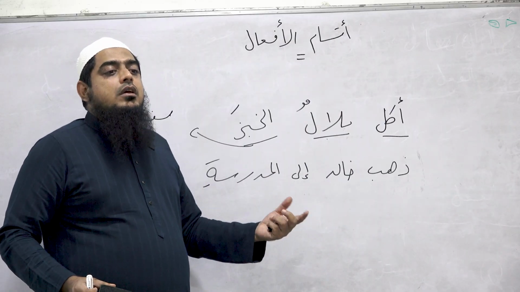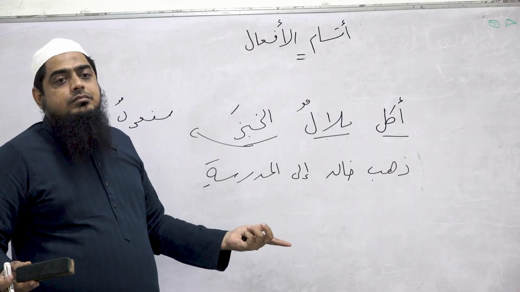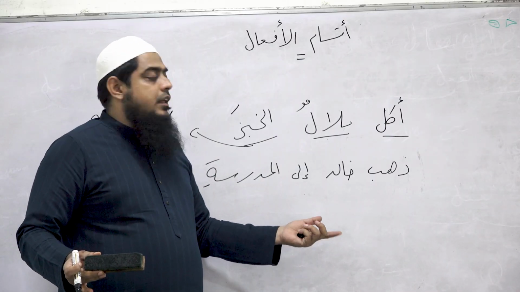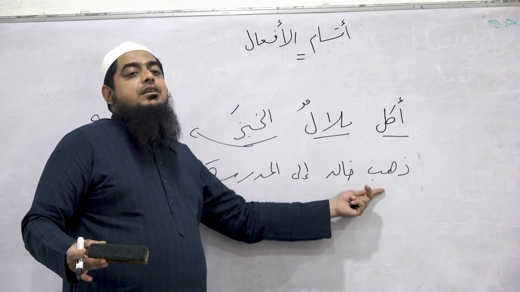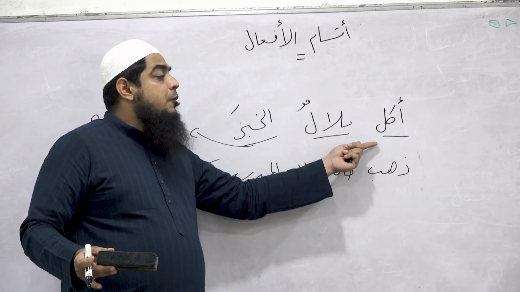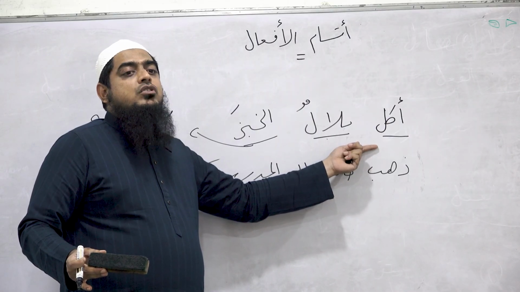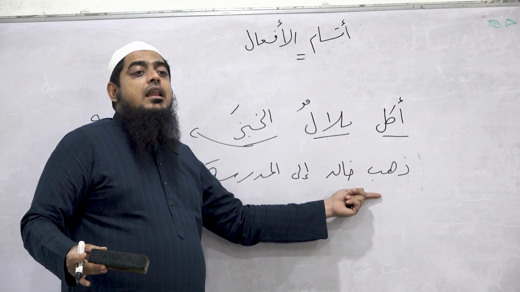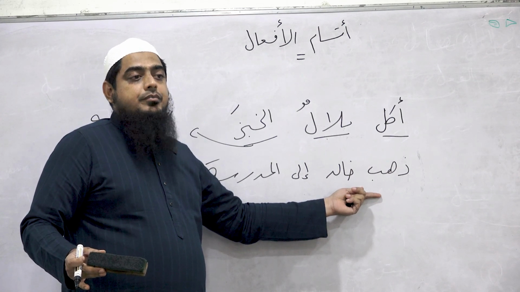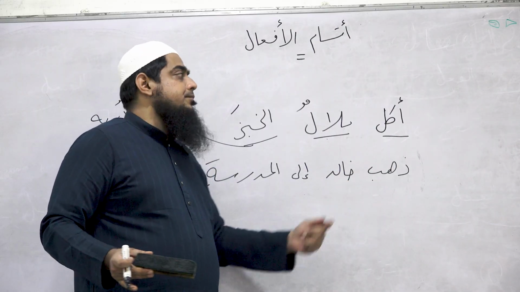Khalid went. The action of went happened on what? You can't say that. So here ذهب is having no maf'ulun bihi. So the verb which is having maf'ulun bihi is called muta'addi. Al-muta'addi. The verb which has no maf'ulun bihi is called lazim. Fi'l muta'addi, fi'l lazim.